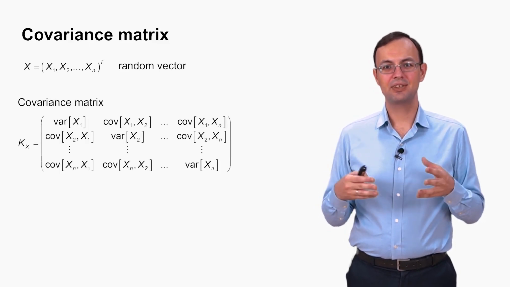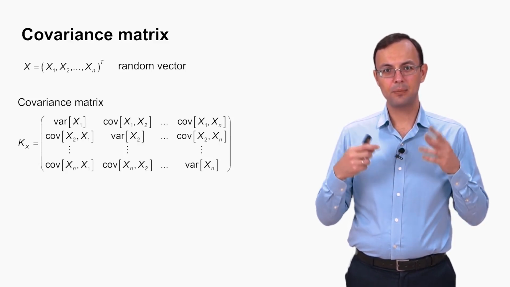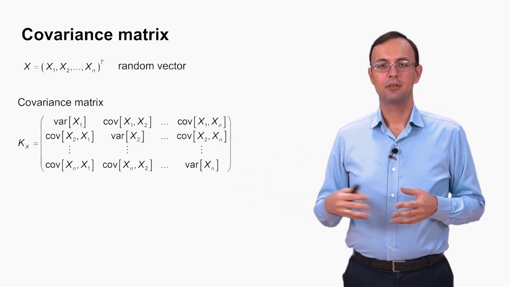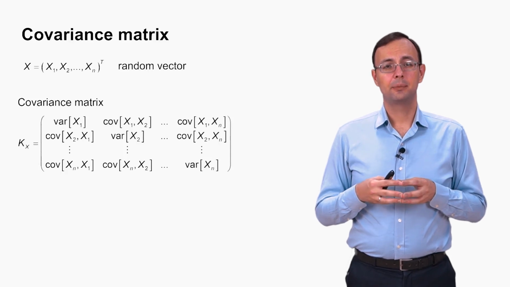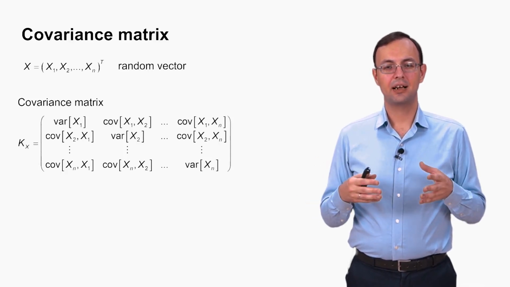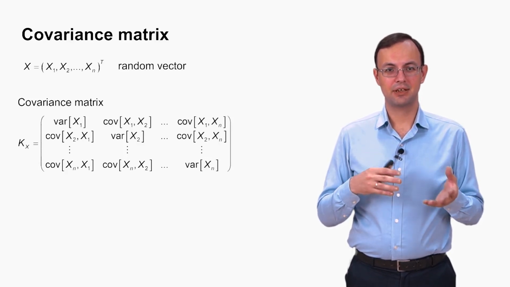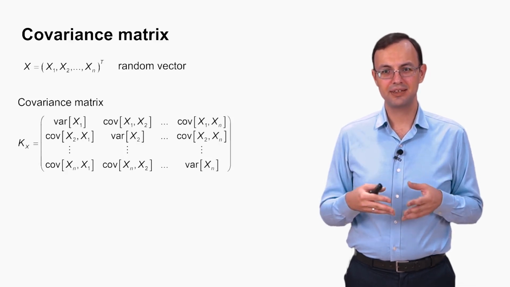So this is a matrix that consists of covariances of all pairs of elements of the given random vector. As you can see, diagonal elements of this matrix are variances, as covariance of any random variable with itself is equal to its variance.